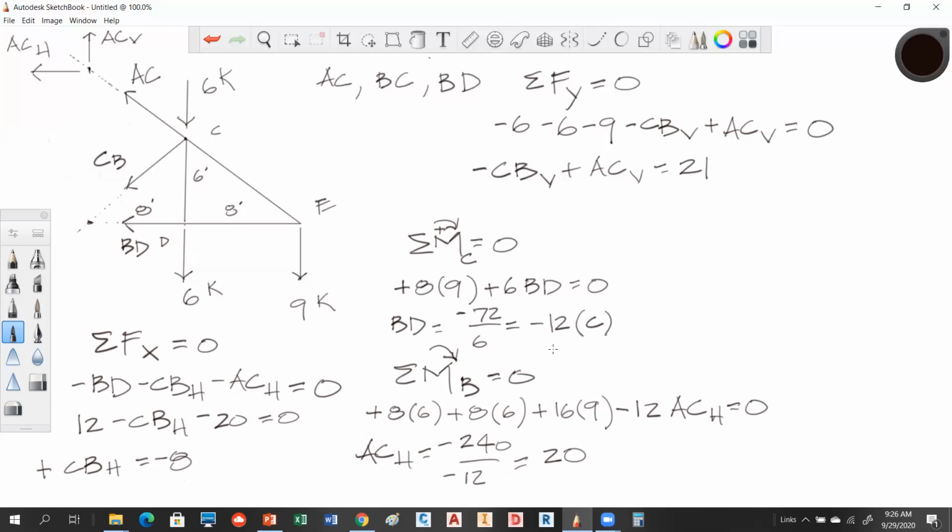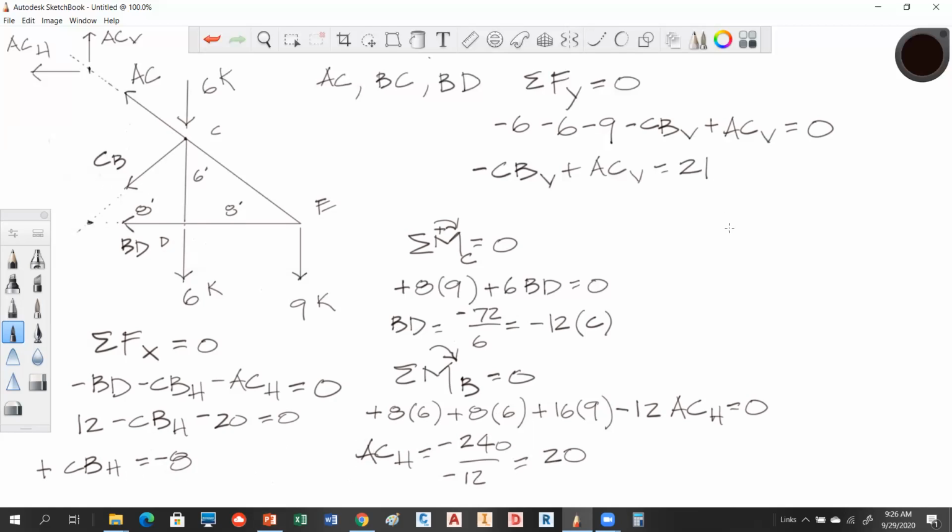BD is compression. So how do we actually solve AC and CB? We just have components of them. Can't we write a little proportion for these? If we look at CB, we know that the horizontal is to 8 as the vertical is to 6 feet.